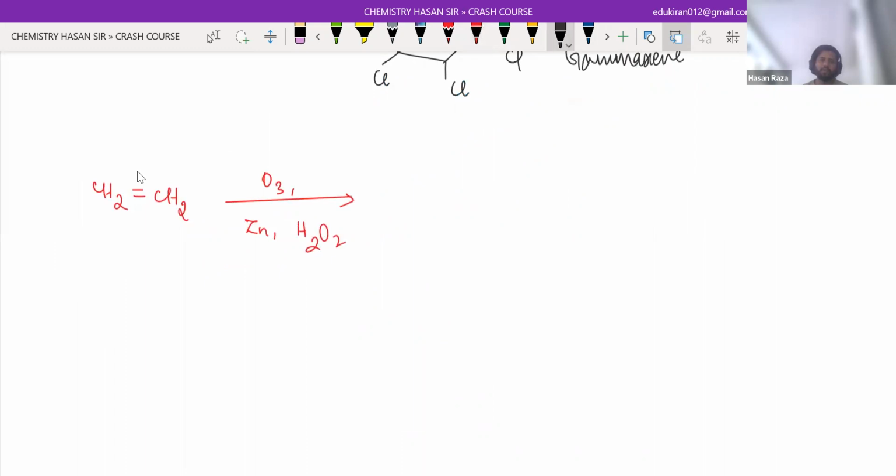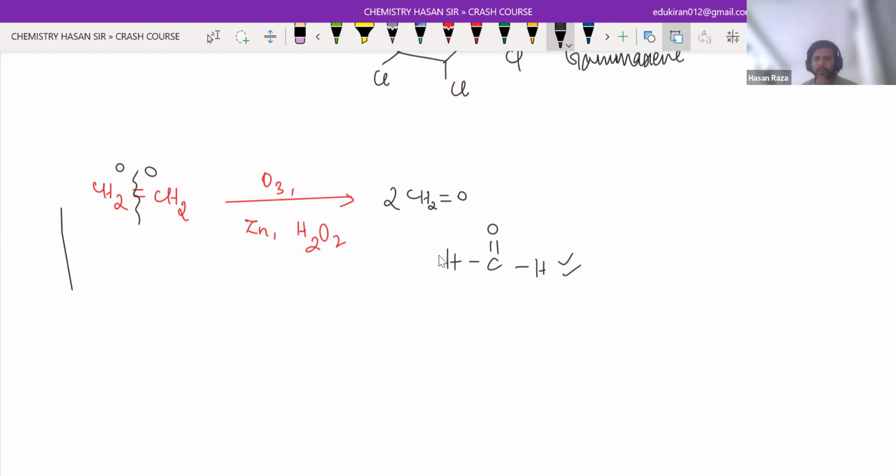What you need to do is just break the double bond and add O here and add O here. So it will be CH2 double bond O, 2 moles. That means basically it is an aldehyde like this. This is the scenario of ozonolysis.